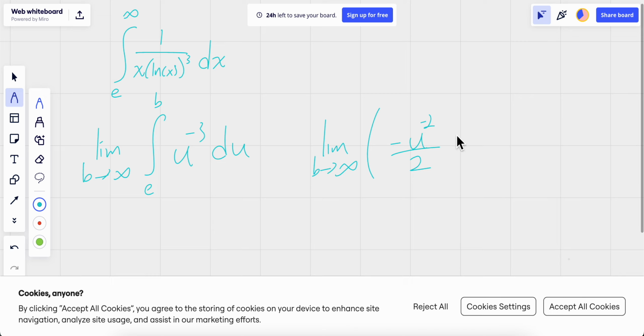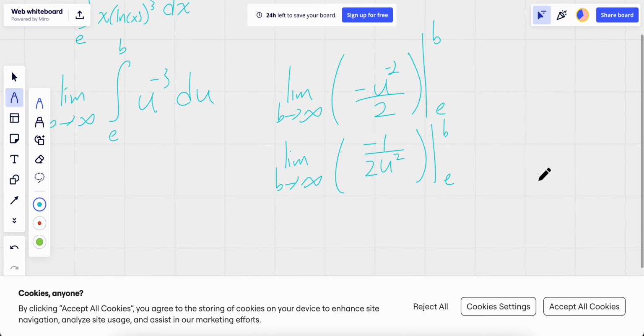If we were to simplify this, evaluated at b and e, this will be 1 over u squared over 2. So 2 goes here. That's negative. Yes, this looks correct. Then, of course, evaluate it at e and b.